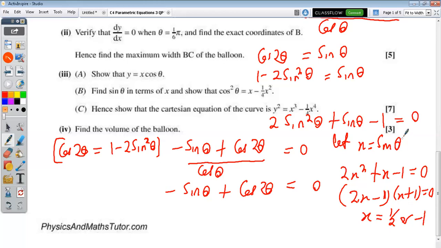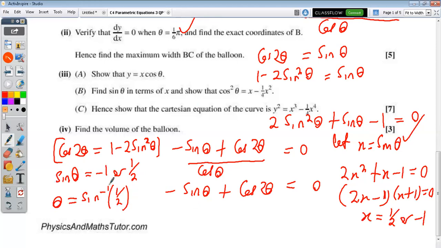But what is x? x is sine theta. So we are saying sine theta is equal to minus 1 or half. Then theta is equal to arcsine of half. This is what we want to verify here.